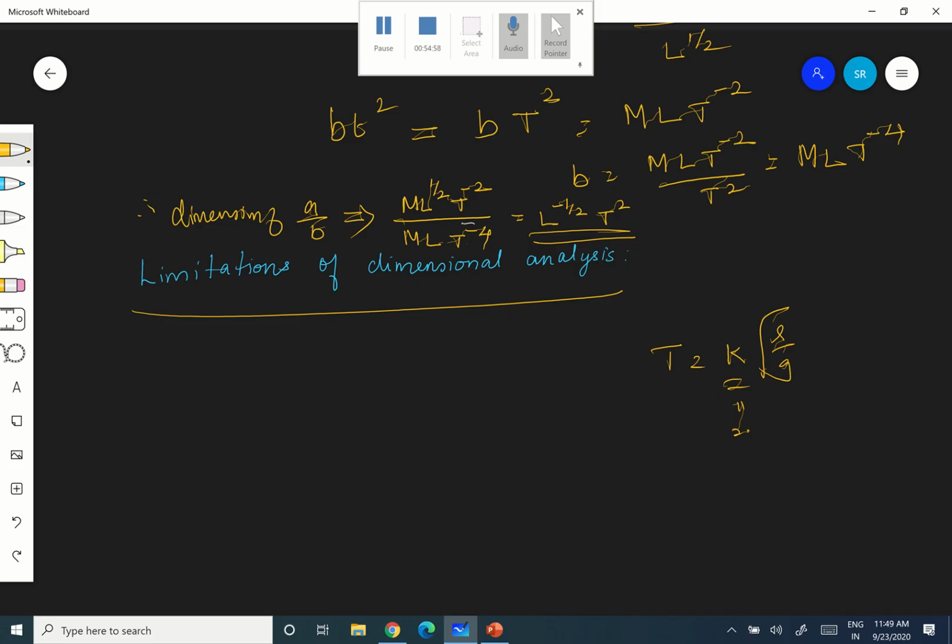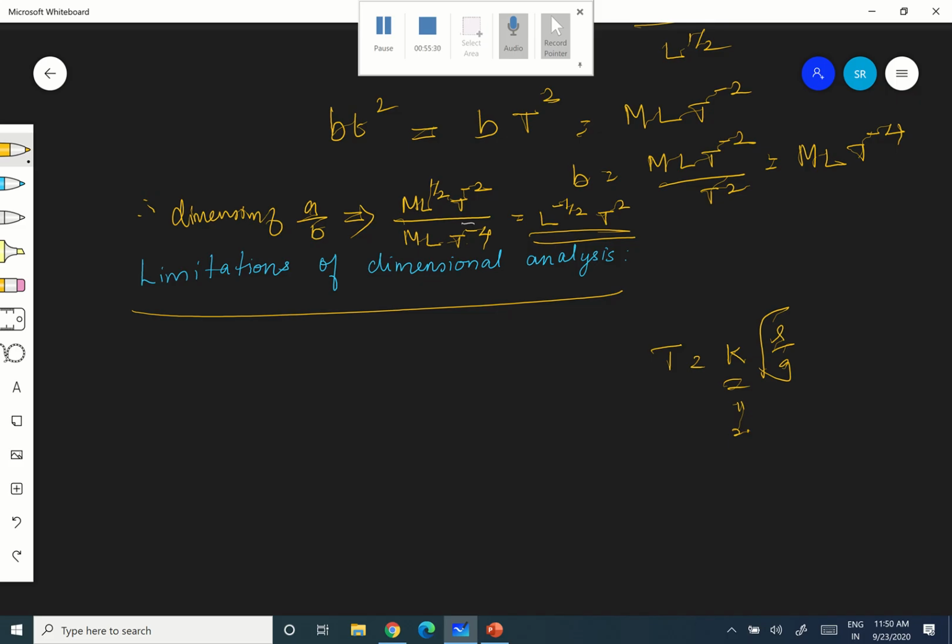Why? Because you are equating powers of M, L and T. So maximum how many equations will you get? Only 3 equations. If you are getting 3 equations, you can solve only 3 unknowns, x, y, z. If I have 4 unknowns, I need 4 equations.